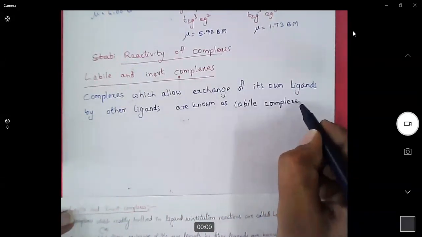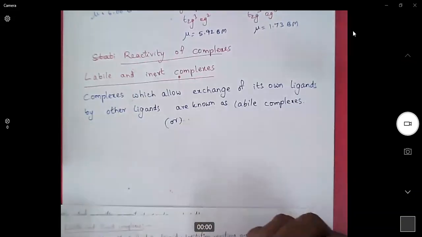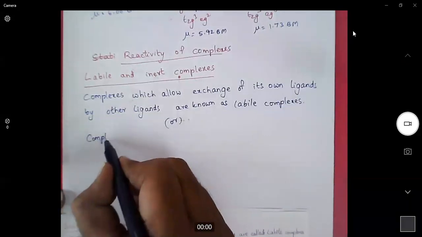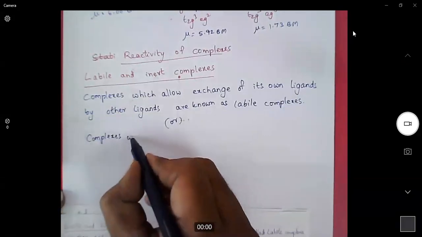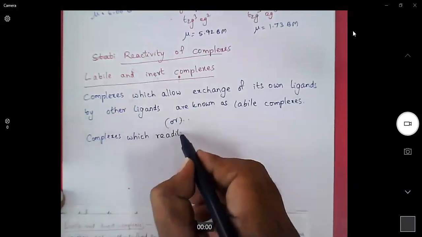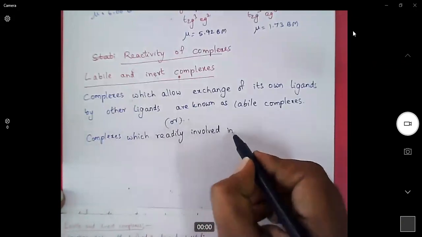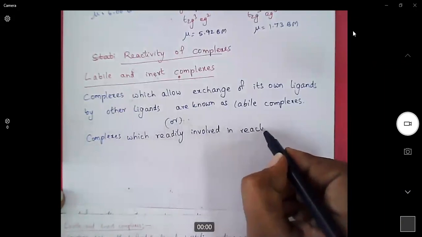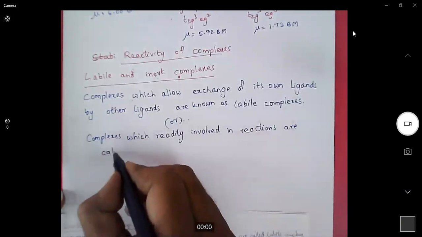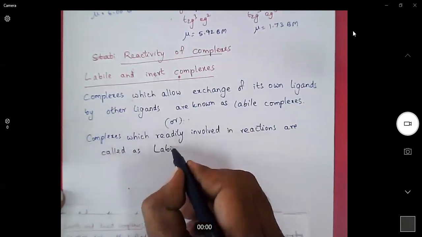Labile complexes means those which get involved in a reaction, or in other words, complexes which are readily involved in reactions are called labile complexes.